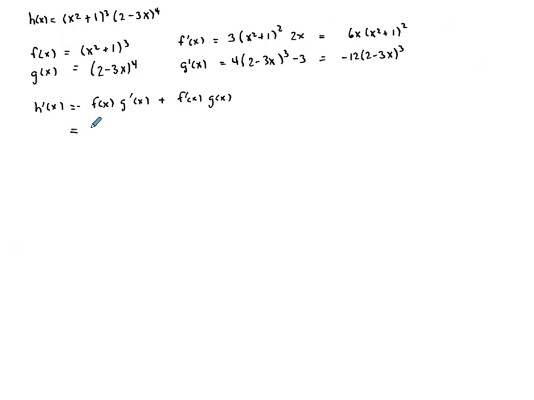So this gives us x squared plus 1 cubed times g prime of x, which is, let's put that in brackets so we don't mess up our negatives, negative 12 times 2 minus 3x cubed, plus our f prime of x, which is 6x times x squared plus 1 squared, times our g of x, which is 2 minus 3x to the fourth.